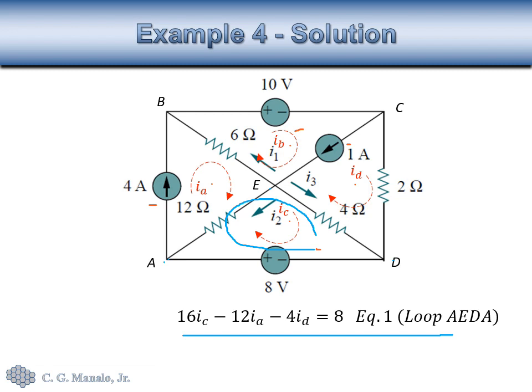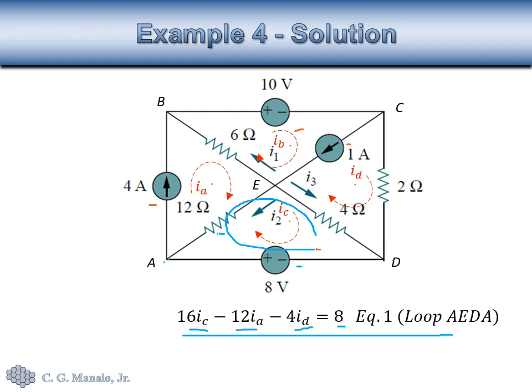So minus 8 volts, we transfer that to the right, it becomes positive. Then 12 plus 4, that is 16 I sub C, because in this loop we're dealing with the loop current I sub C, minus the drops due to the external currents to this loop. So that will be minus 12 I sub A and minus 4 I sub D.